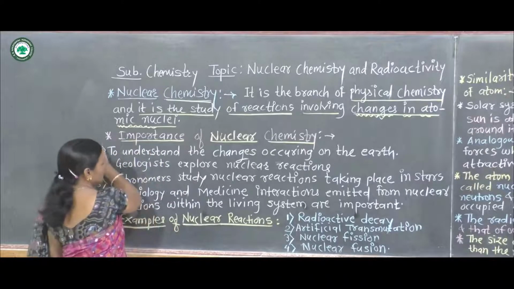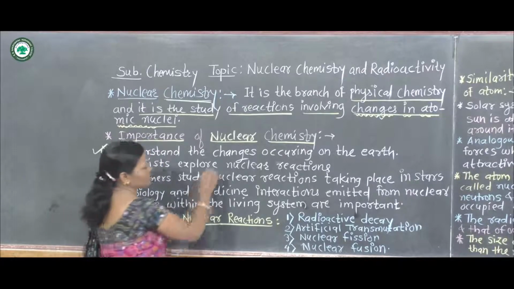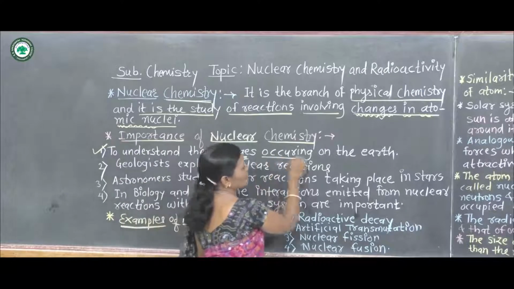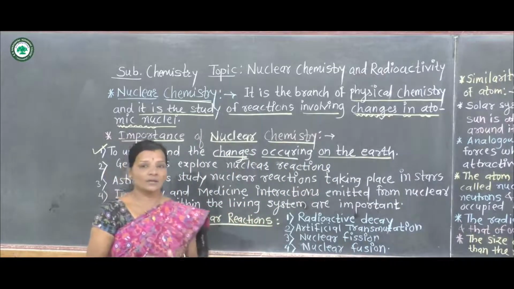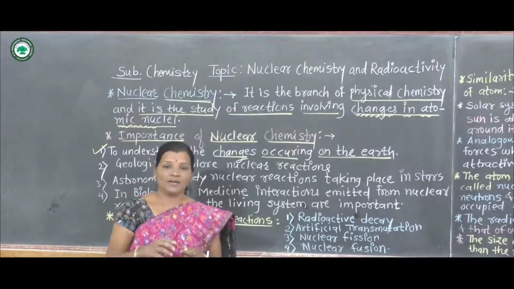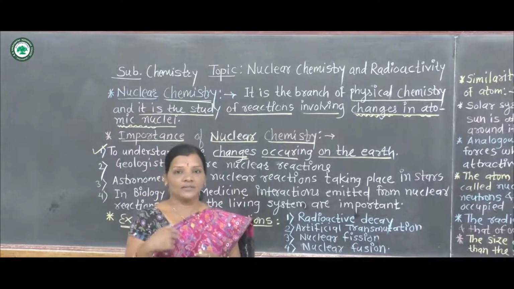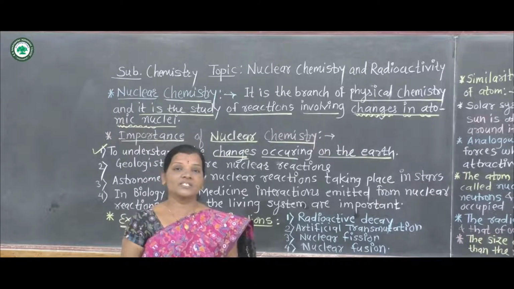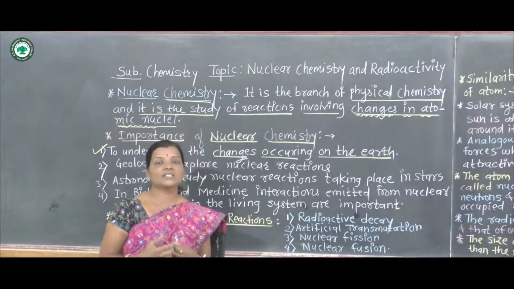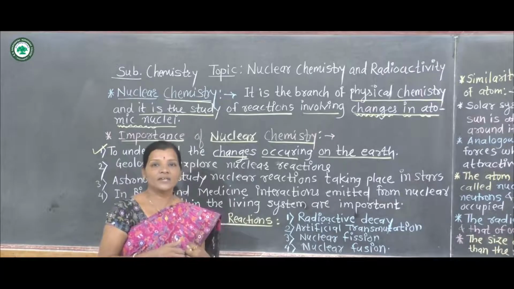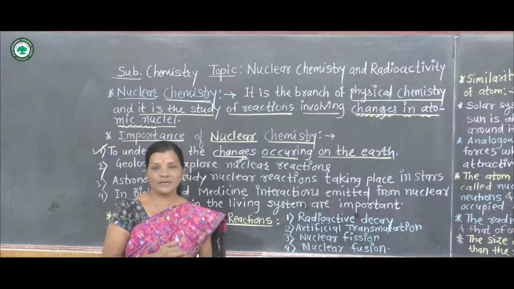First important is to understand the changes occurring on the earth. We know that every day there are changes occurring on the earth, and whatever changes are occurring are studied with the help of nuclear chemistry.